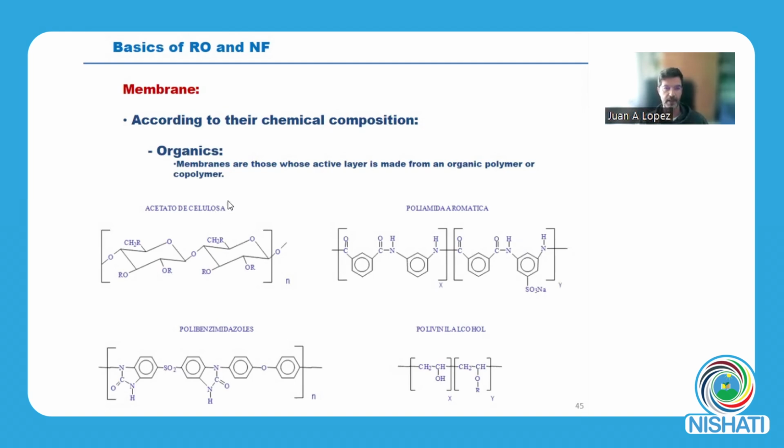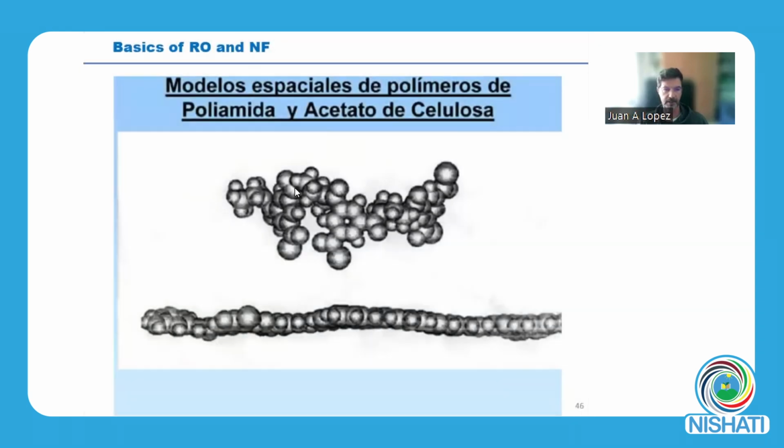Well, which are the polymers that are used for reverse osmosis and nanofiltration? Mainly they are made of organic polymers, like cellulose acetate membranes or aromatic polyamide. This is the structure of the aromatic polyamide at the top, and here down is the cellulose acetate.